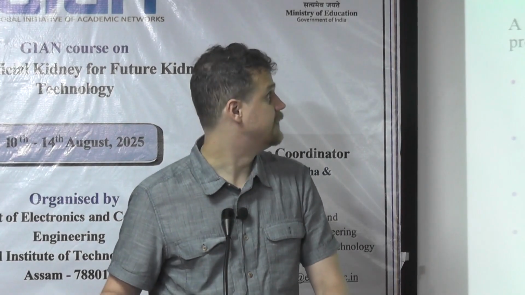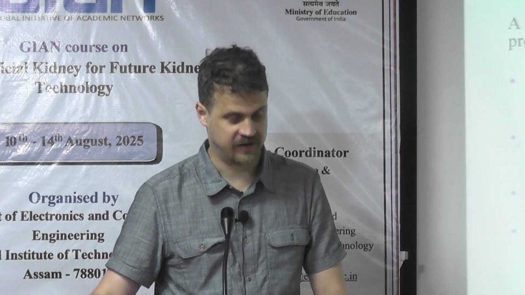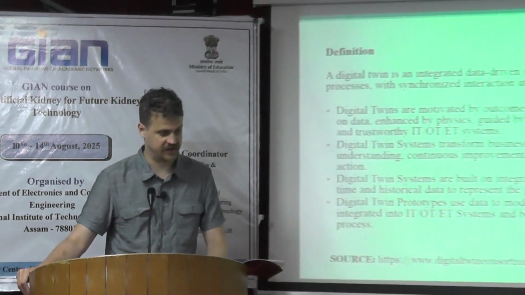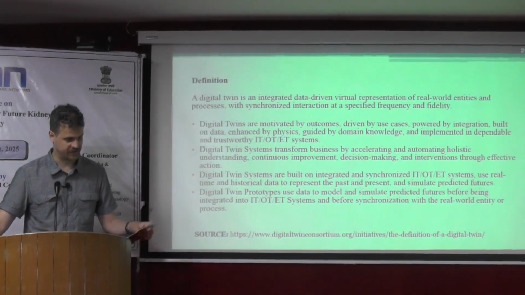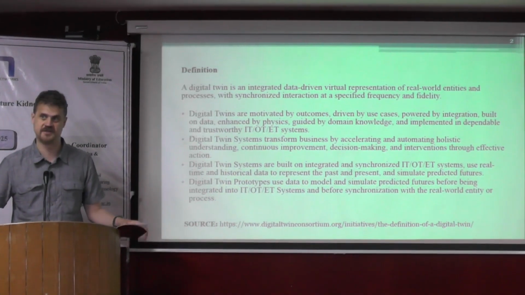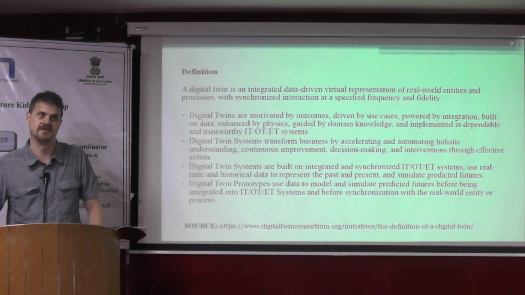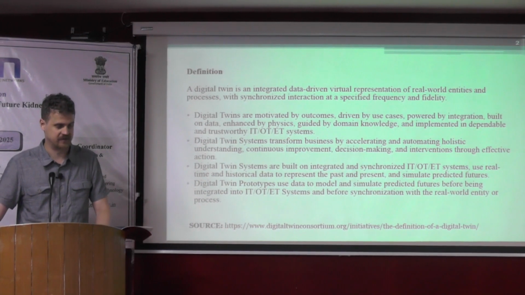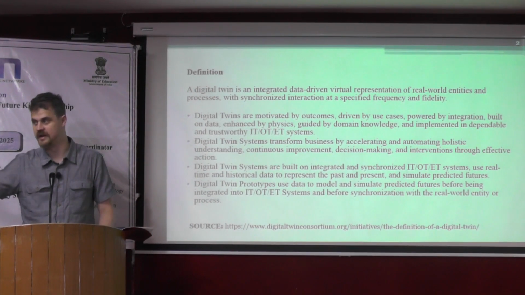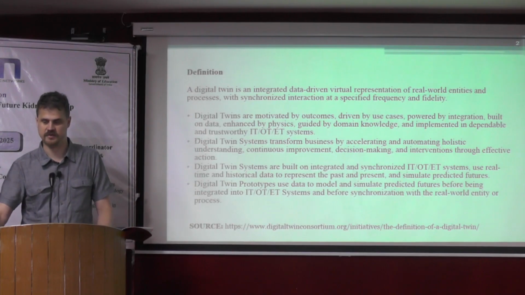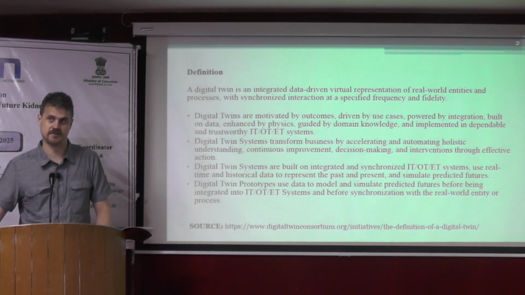So, to simplify the definition, a digital twin is a virtual representation of a real-life physical object, whether it's a natural object like a microorganism or a human organism, an engineered object, whether an engine or any sort of hardware, or even a social system.